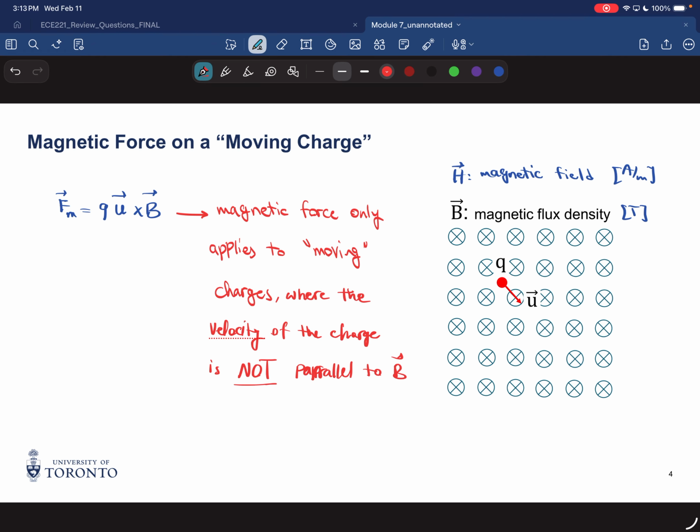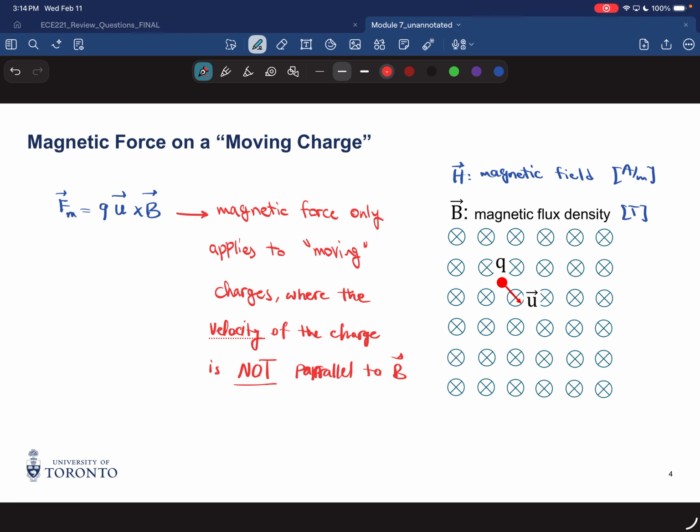Now let's see. How can I find the direction of this magnetic force? Right-hand rule, U cross B. Now tell me, what is that direction here? First of all, is B going into the page or coming out of the page?